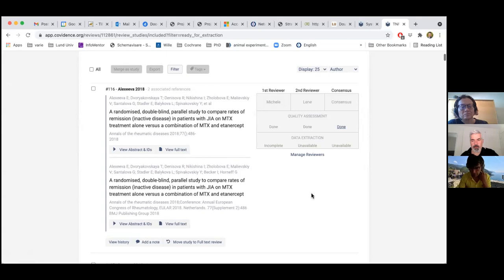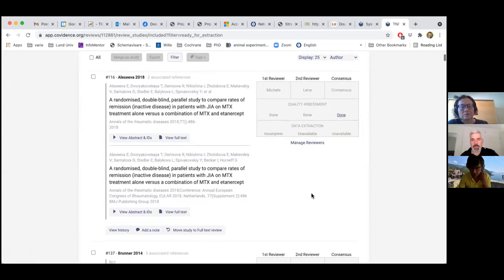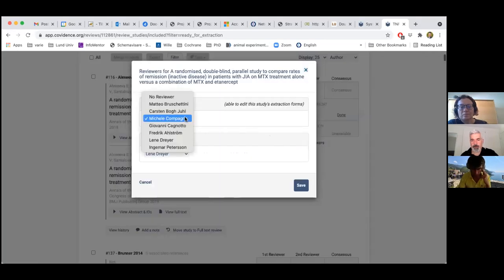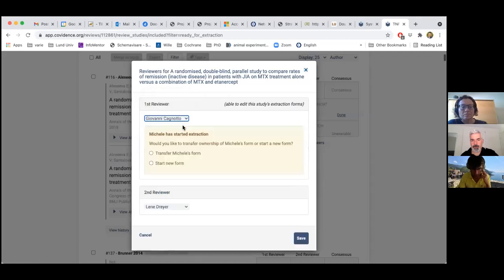Any questions so far? But if you change the reviewer, then it's going to be recorded in the system. So if you change the reviewer, for example, if you put Giovanni instead of Michele here, you see there are two options. If you click on this one, all work done before is cancelled.